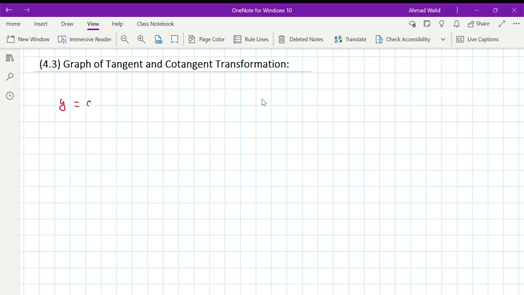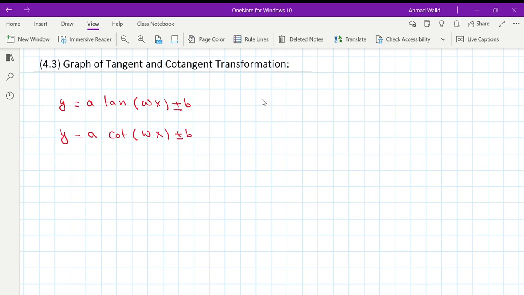A tangent of omega x plus B, or I can have y equals A cotangent of omega x plus or minus B, whatever.